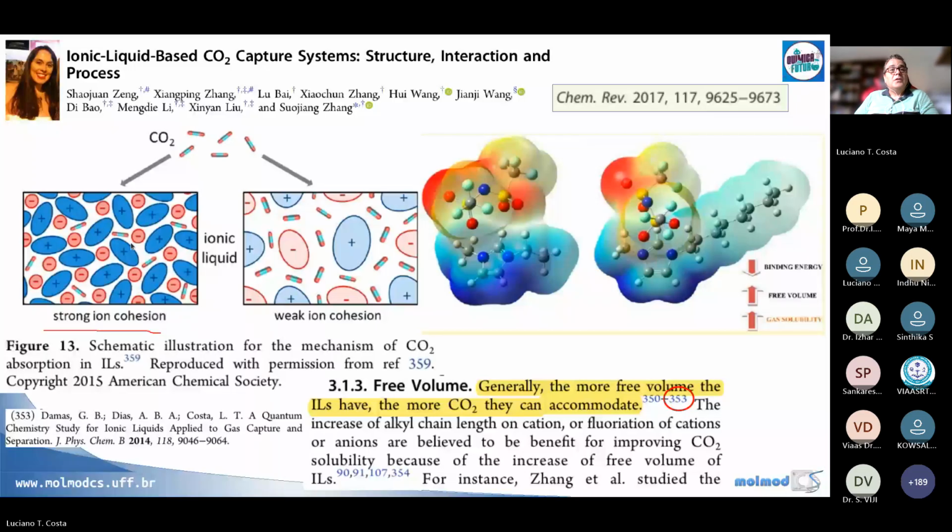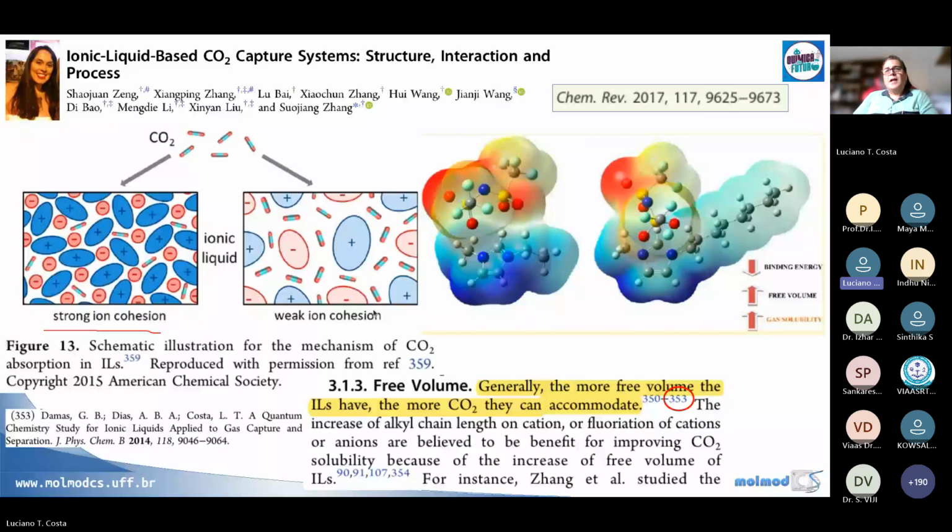So to tune and design new ionic liquids to capture CO2, we needed ionic liquids with weak ion cohesion, producing more cavities in the systems, and then having the possibility to get more and more CO2.